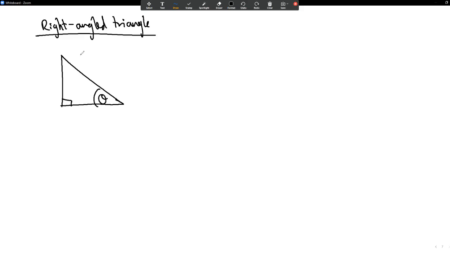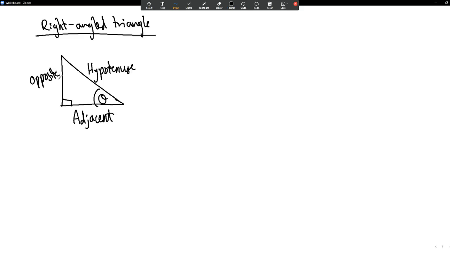Now, if we have a triangle that looks like this, again, we know a hypotenuse is the one opposite the right angle. But we can also label these two sides. So we have the adjacent here and the opposite here.